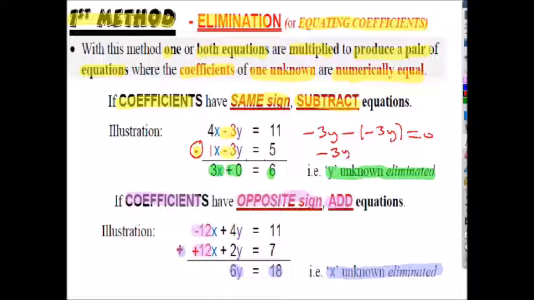So -3y plus 3y is equal to 0. In the second illustration, the coefficient for the first x variable was -12 and the coefficient for the second was +12. So in this case, we simply add the equations to eliminate the x values. So that would be -12x added to the +12x, and that's how we got the 0.